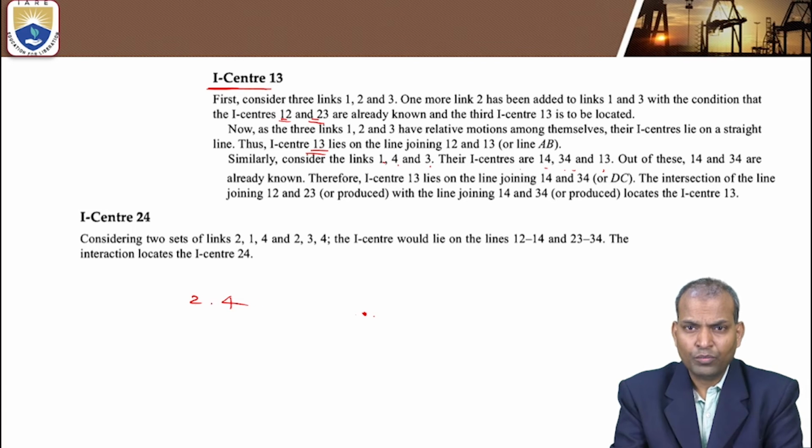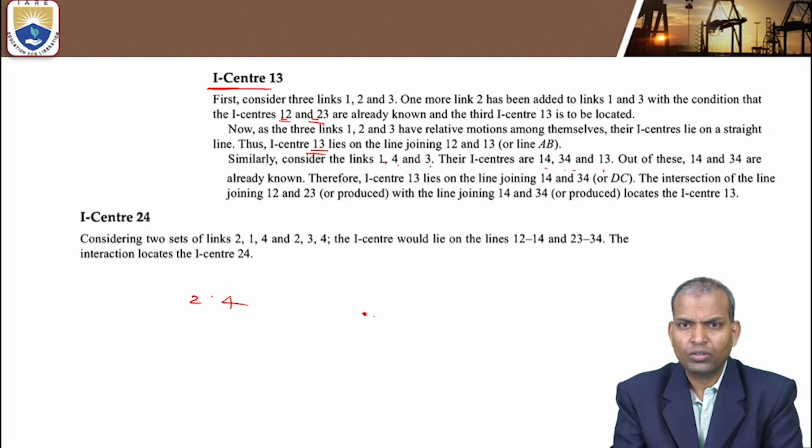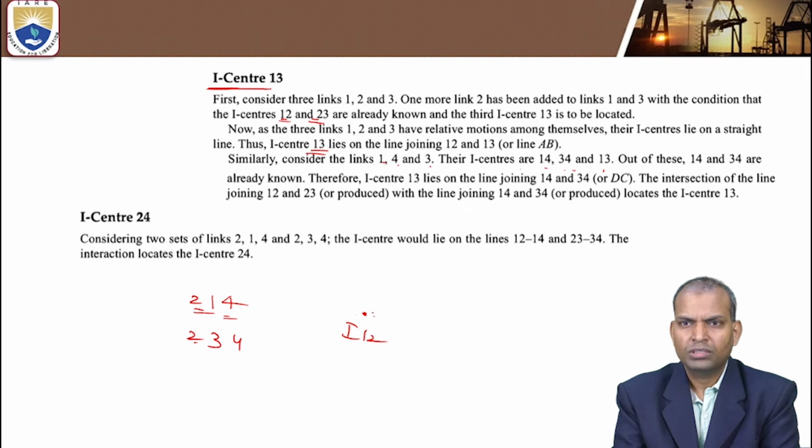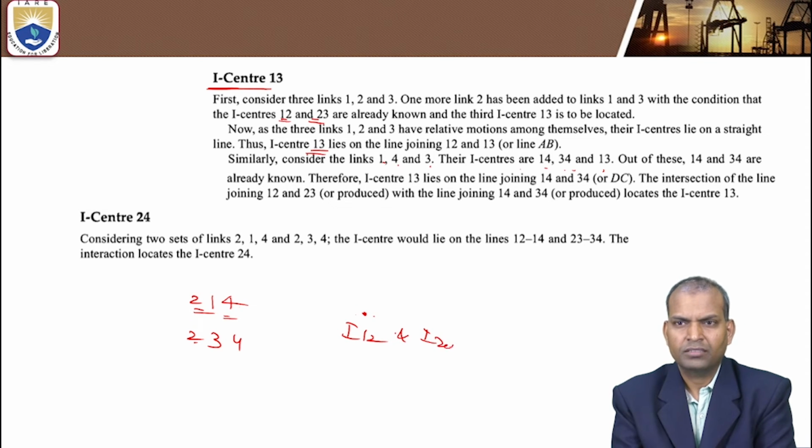For 2,4, there is one more combination, 2,1,4 and 2,3,4. In that also, in total it comes as a 4-bar. All 4 links are combined. So 2,1 and 1,4, you extend. I1,2 and I1,4, you extend.